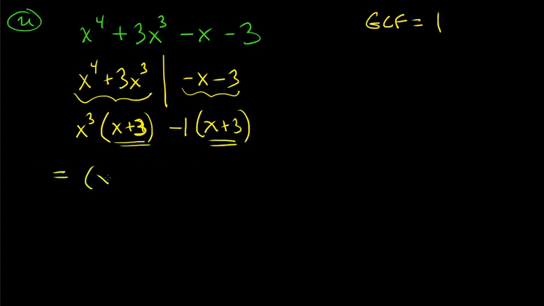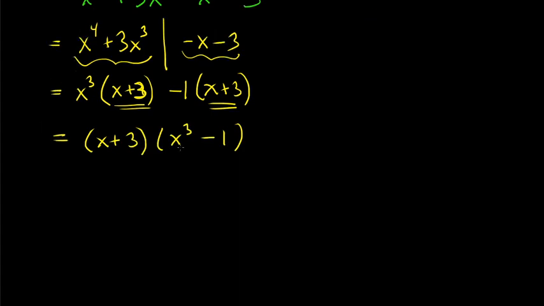We can factor that out, and we're multiplying by x cubed minus 1. Okay? Are we done? So the x plus 3, I think we're done with that. There's nothing we can do with that. That is prime. But x cubed minus 1.